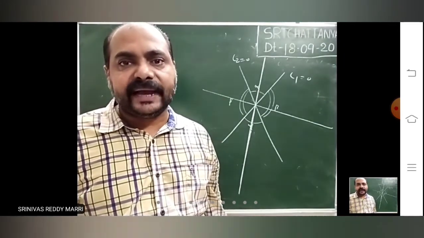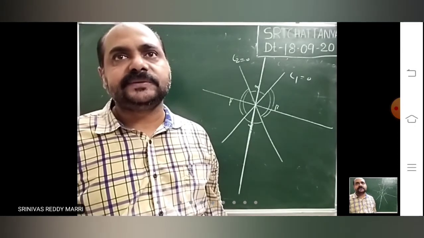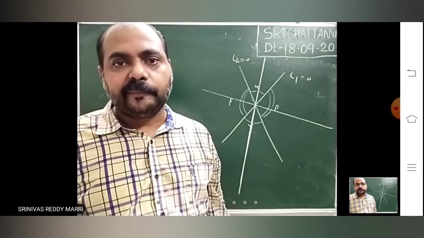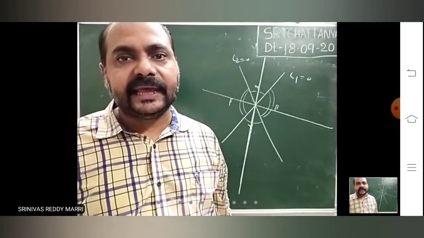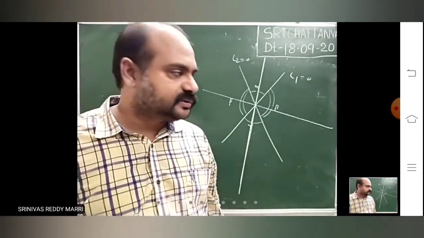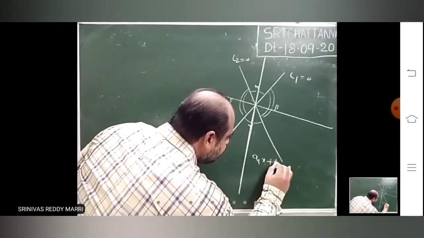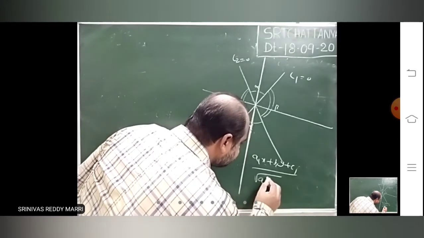The bisector which bisects obtuse angle is called obtuse angle bisector. We have written the two bisectors.